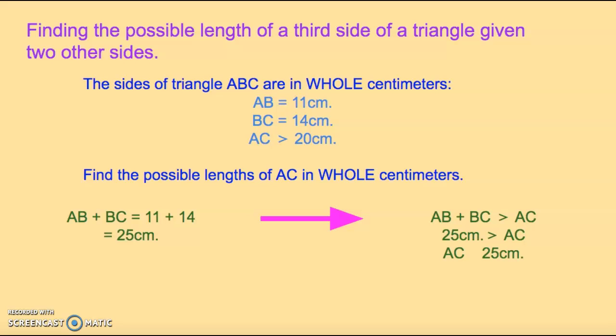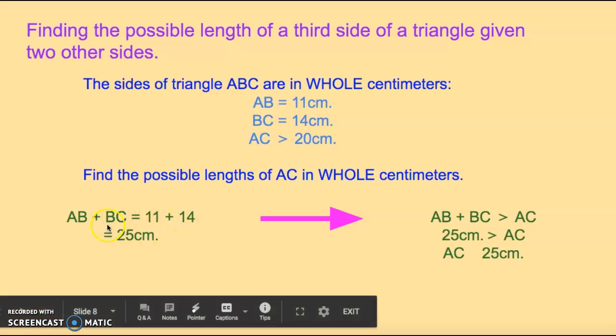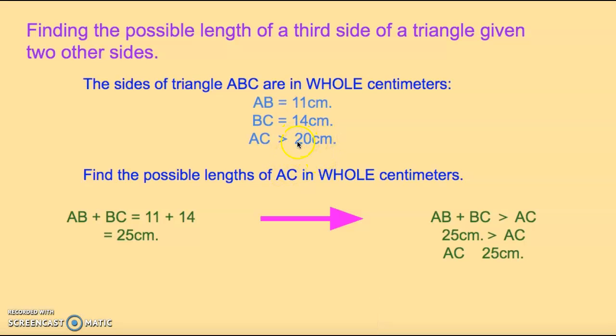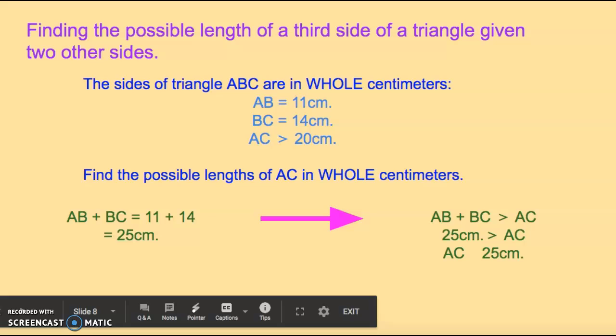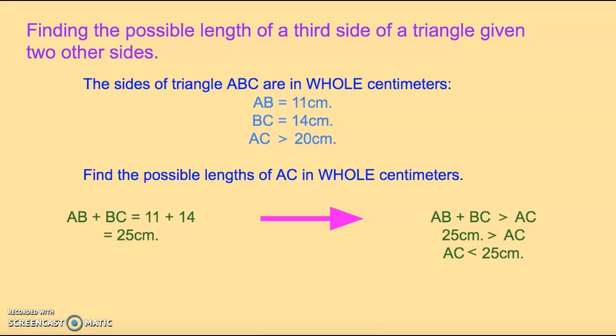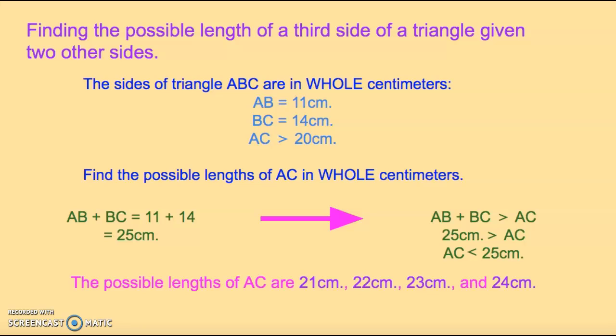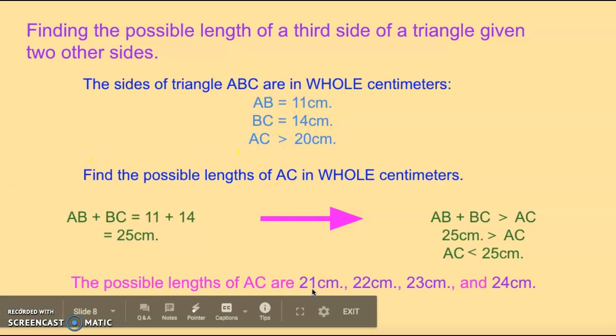Well, AB plus BC need to be greater than AC. So if these two together need to be greater than this, what are the possible values? The possible lengths of AC are 21, 22, 23, and 24. Remember, the length of AC is greater than 20. 21 is greater than 20, but less than 25, as is 22, 23, and 24.